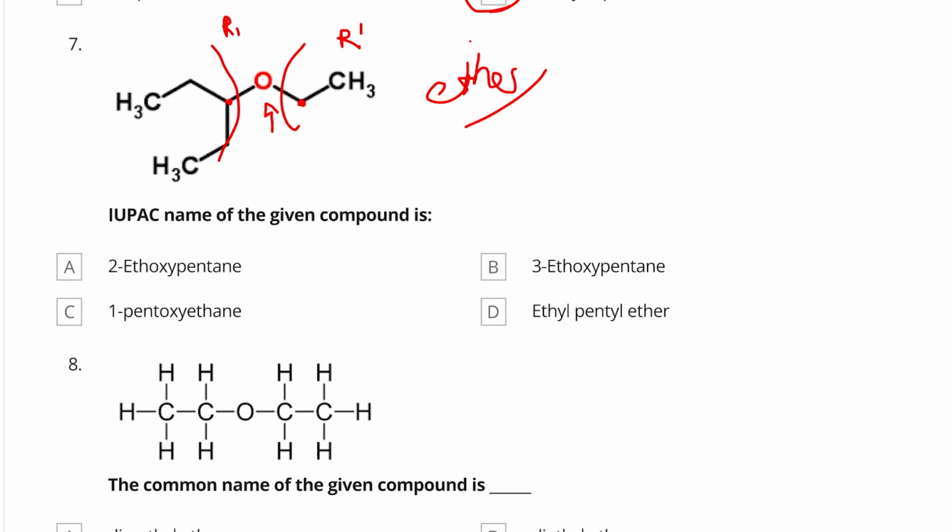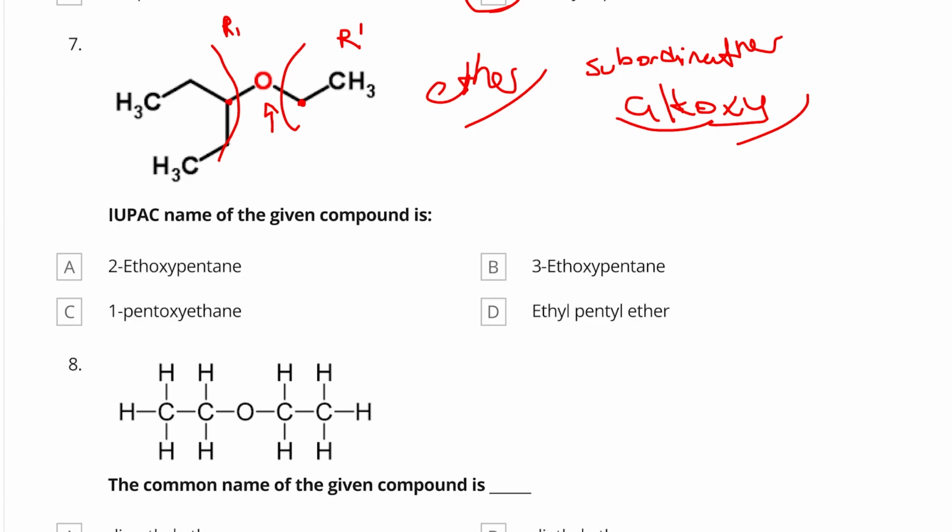They are always named as a prefix because it's a subordinate group. As a subordinate group, they are named as alkoxy groups attached to a carbon chain, alkoxy, which derives from the alkyl name.